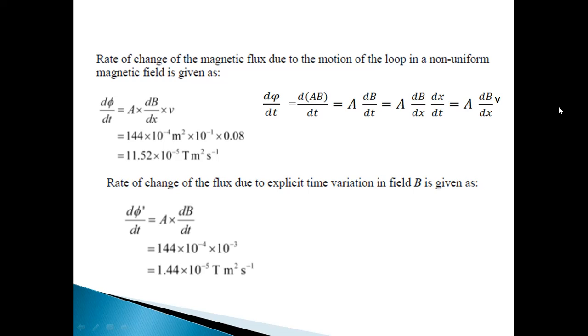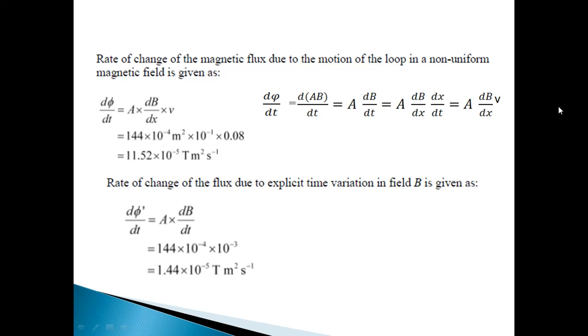A stands for area of the coil and B stands for magnetic field. Now here A is constant and B, magnetic field, varies with respect to time. So we have dB by dt. But in this particular problem, magnetic field varies with space as well as with time. So we have to bring these two into the picture here.